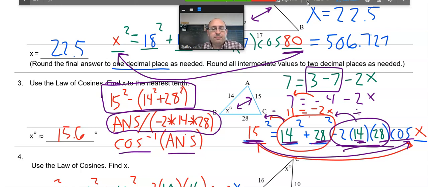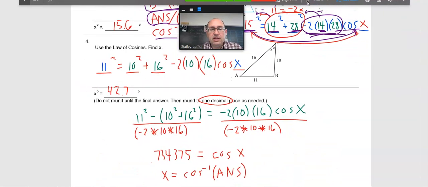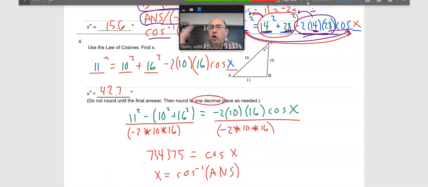All right, now, so 3 steps. Subtract, divide, invert cosine. It really goes pretty quickly, especially if you use the parentheses and let the calculator do the work for you. Okay, so my next example, pretty much the same thing. Now I wrote it out maybe a little bit longer, or more algebraic-like.